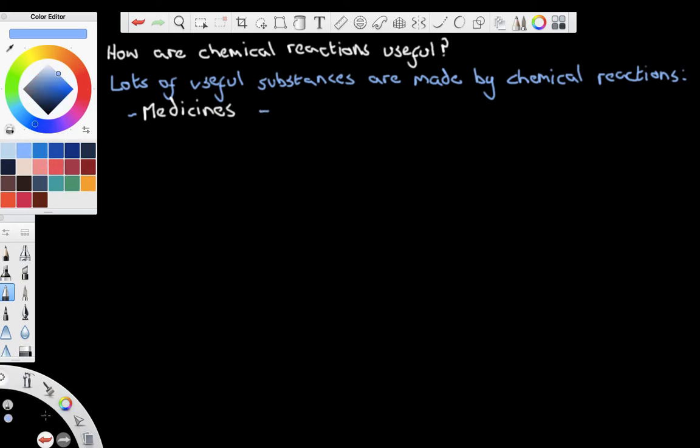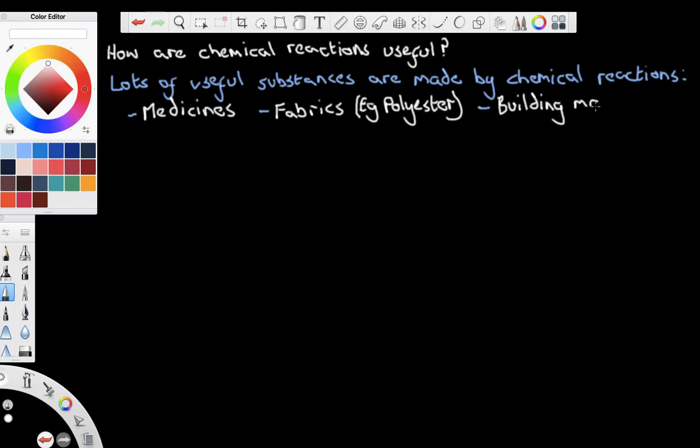Another example of substances made through chemical reactions is fabrics, such as polyester, which is made using a chemical reaction. Building materials such as cement are also made via a chemical reaction.